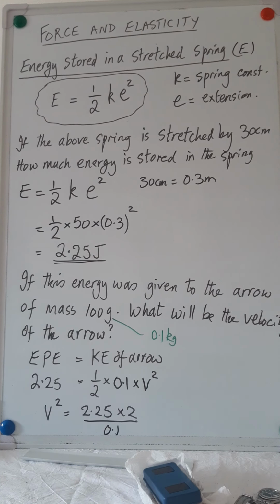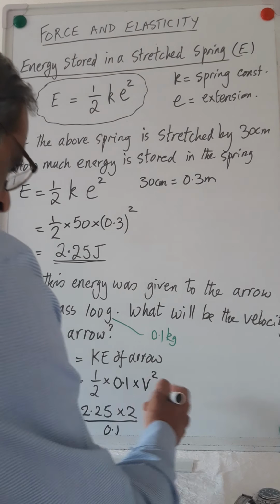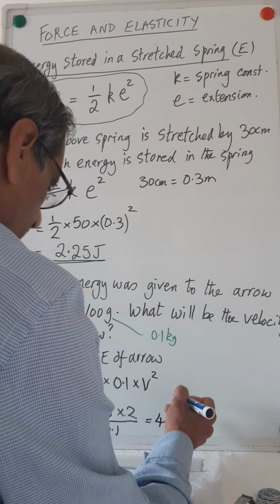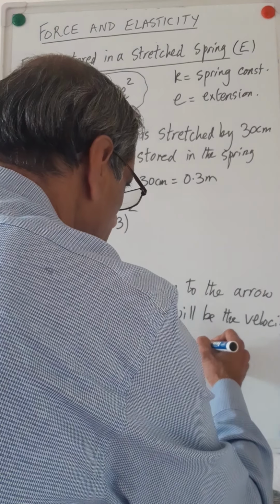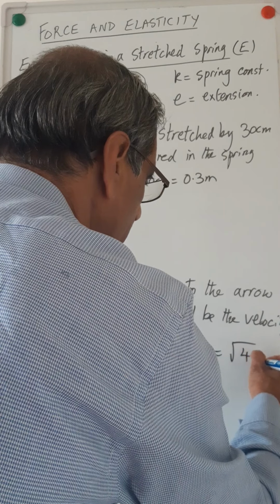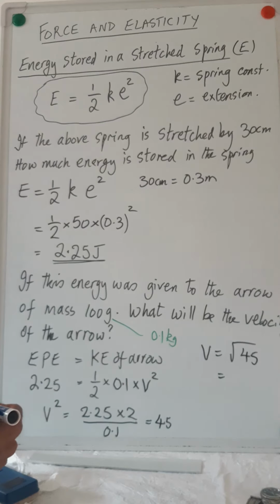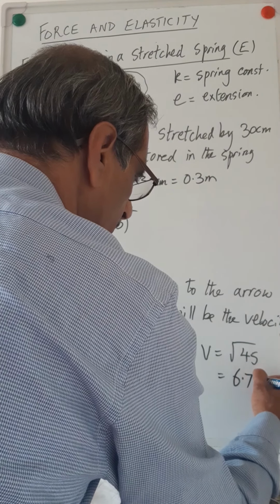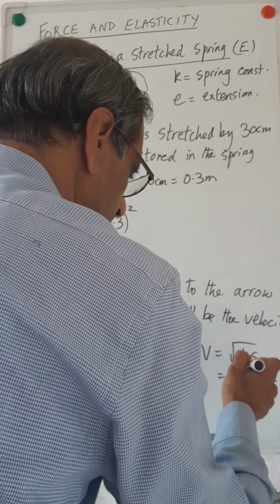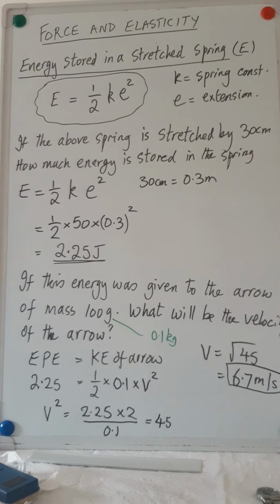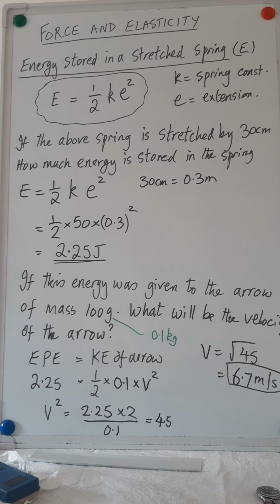That will give you the square of the velocity, which comes to 45. So v is equal to the square root of 45, which comes to 6.7 meters per second. So the arrow will move off with a velocity of 6.7 meters per second.